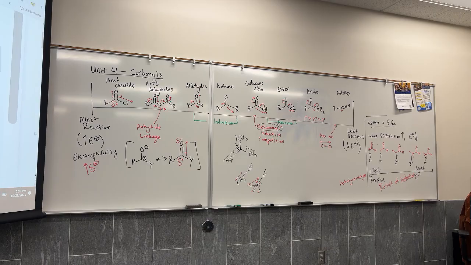I thought the resonance was not to the ring. No. Resonance has to be an uninterrupted series of sp2 hybridization. So this one actually can push electrons all the way from the ring. Yeah. So your least reactive, followed by the ester, followed by the acid, followed by the aldehyde. Chloride is the most reactive.